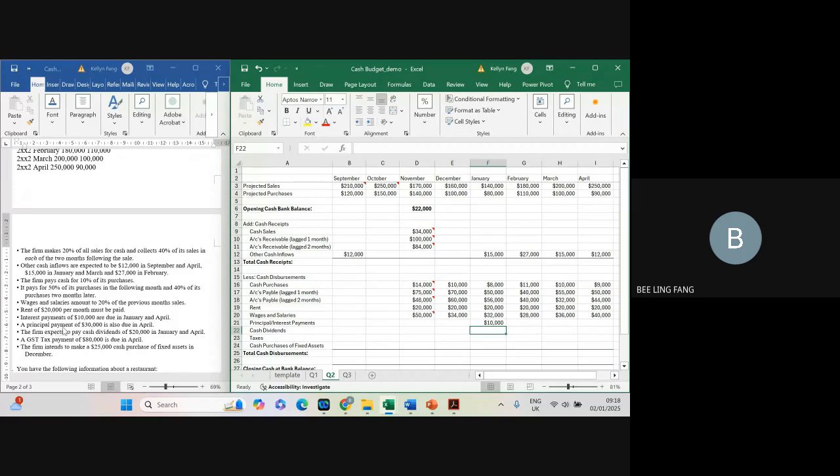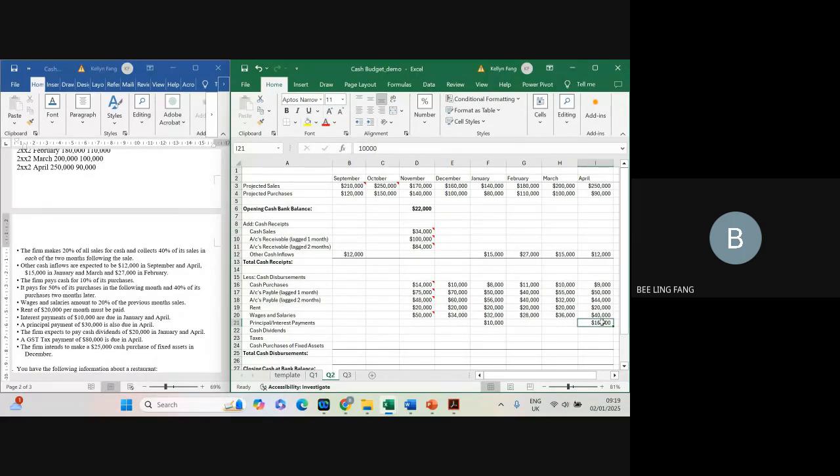A principal payment of 30,000 is also due in April. Suppose in April you pay 10,000, right? Okay, you can separate it, you can combine it. But here I combine it because principal and interest is the same category, right? You still need to pay principal 30,000 also due in April.